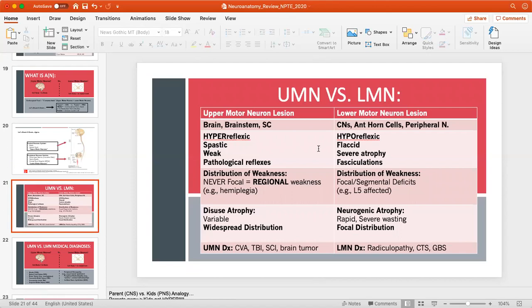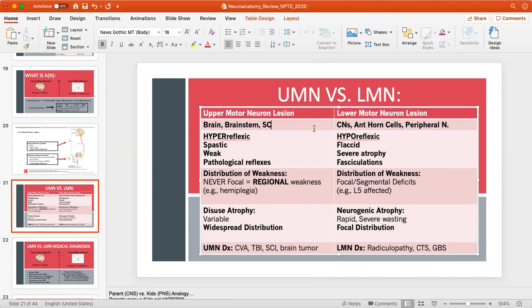The parent's kind of sleepy. And so the kid, or the lower motor neuron, has dysfunction. What you're going to see is hyporeflexic, flaccid, severe atrophy. So there's a problem with the kid, the lower motor neuron. The parent's all good. The parent's like, oh man, I'm going to take a nap. So what you see is hyporeflexic, flaccid, severe atrophy, fasciculations.